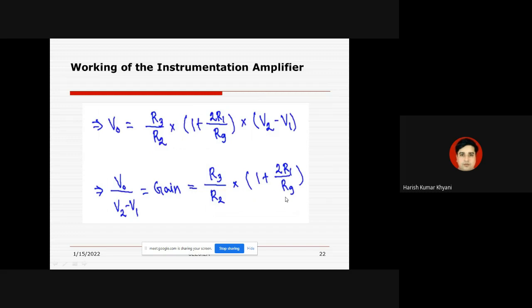Here RG plays a very important role, because usually in an instrumentation amplifier the values of R1, R2, R3 are kept the same and constant, and RG is an external resistance and is variable in nature. If you vary the resistance RG, then we can control the gain. So this is all about the instrumentation amplifier.